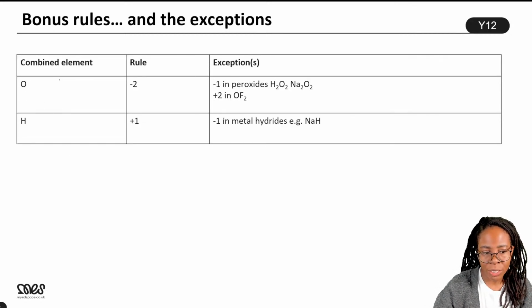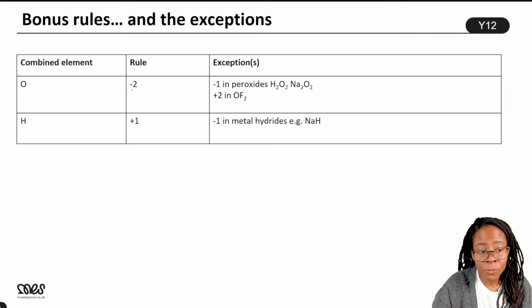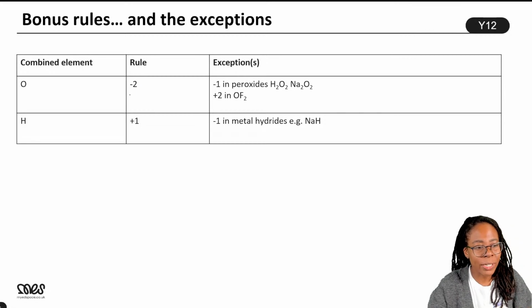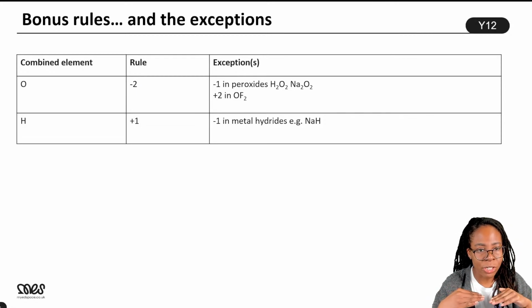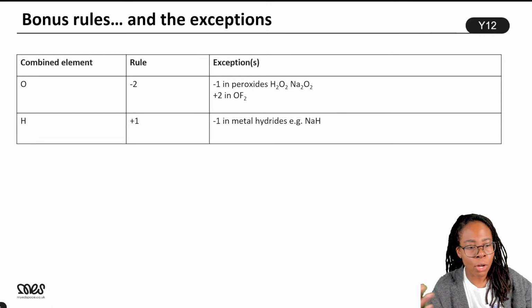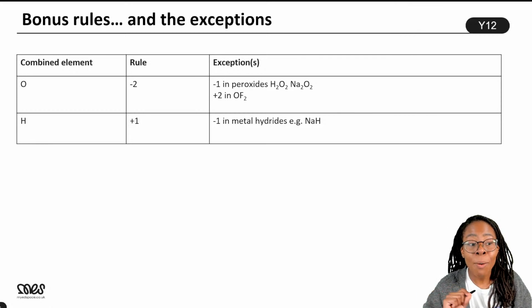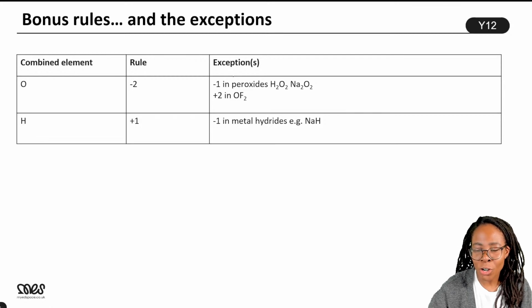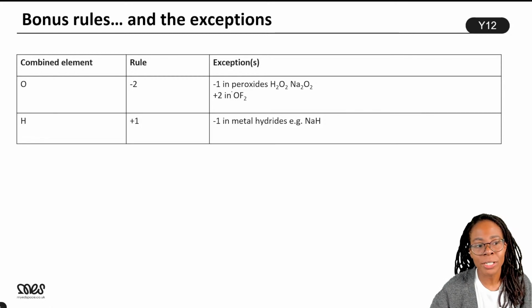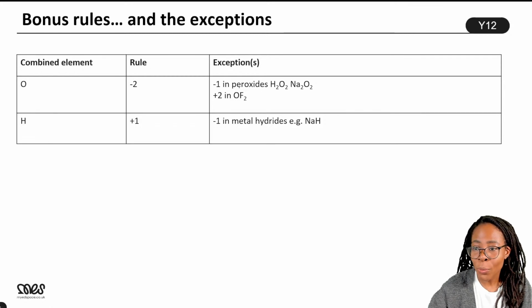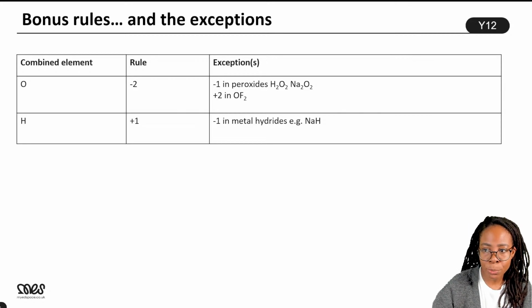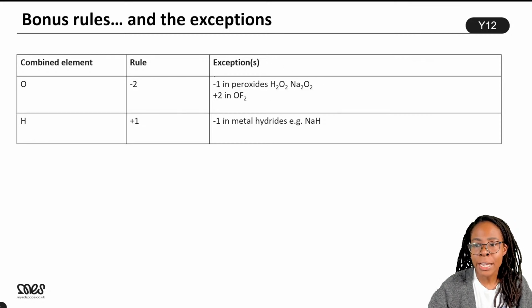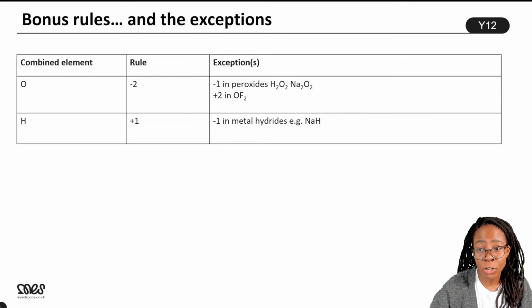So, oxygen, as I mentioned before, most of the time it's going to be -2. So we can typically use oxygen as our foundation to compare all other oxidation states against. However, you need to spot where, lovely Chinwendu, oxygen is in a couple of different environments. So in peroxides, like hydrogen peroxide or sodium peroxide, the oxygen actually has an oxidation state of -1 instead.